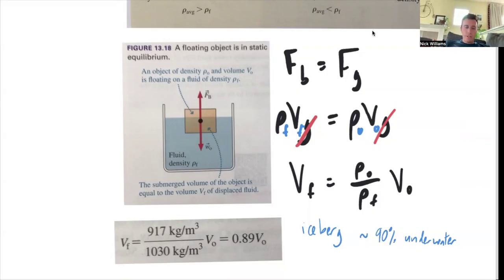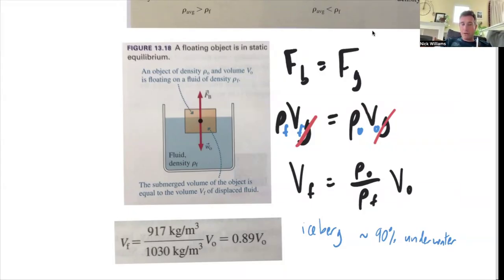Then I can turn these forces into masses times acceleration due to gravity, which becomes density times volume times acceleration due to gravity. One side is going to be the fluid, that's the buoyancy side. The other side is going to be the force of gravity, that's the object side. Gravity cancels off of both with my red slashes, and I'm left with the volume of the fluid is equal to the density ratio, density of object over density of fluid, times the volume of the object.